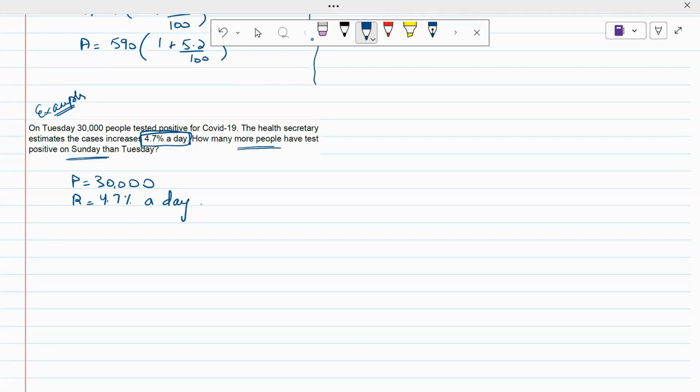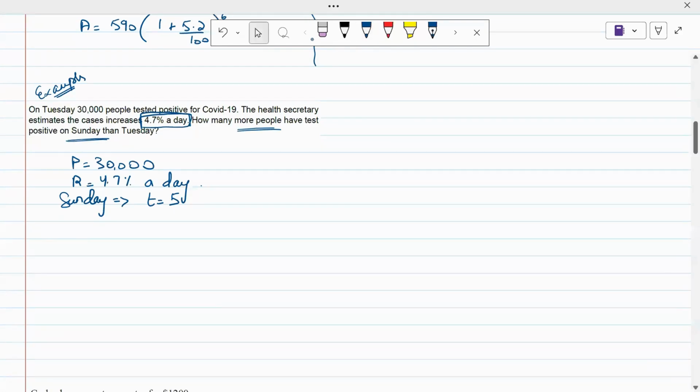To find the difference, we first need to find the total people who are infected by Sunday. Since we started from Tuesday, the time taken would be Wednesday, Thursday, Friday, Saturday, Sunday: 5 days. The time is 5 here.